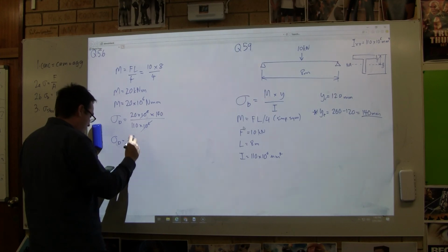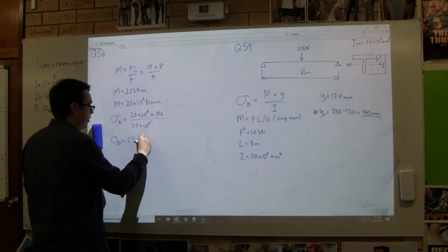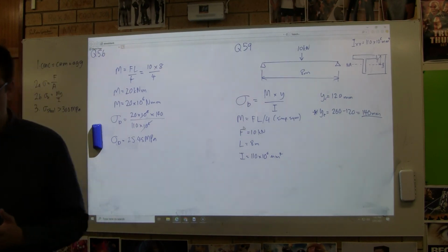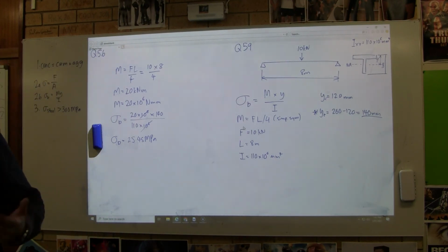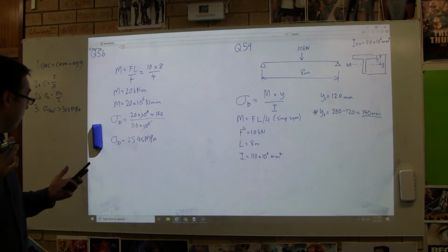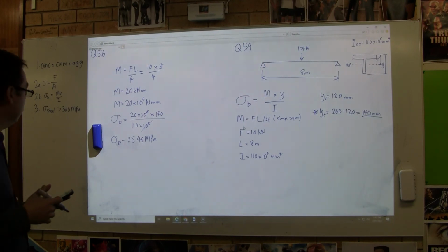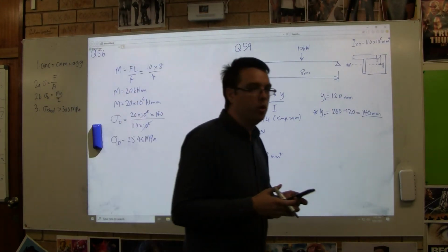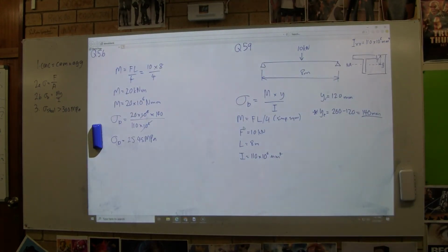Anyway, 25.45 megapascals, right? Because we used grease units, we used millimeters, and we used newtons, we expect the answer to come out in megapascals. And yeah, we're happy with that answer. That's the answer they had there. We go together like megapascals and millimeters squared. Okay, so that's 2 bending questions for you today.